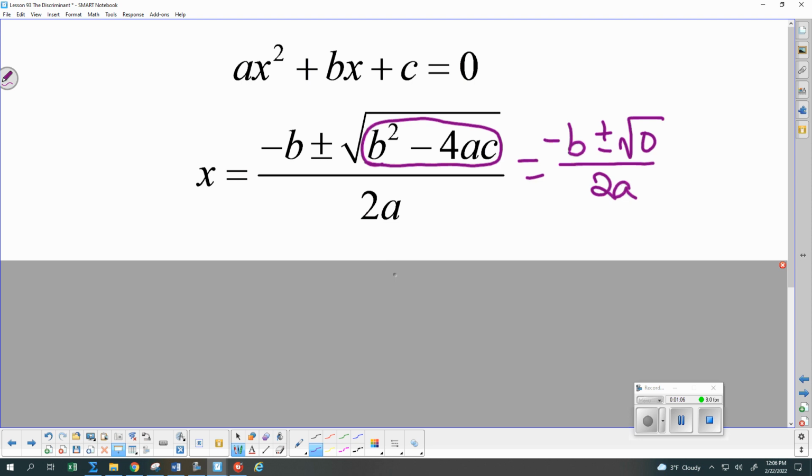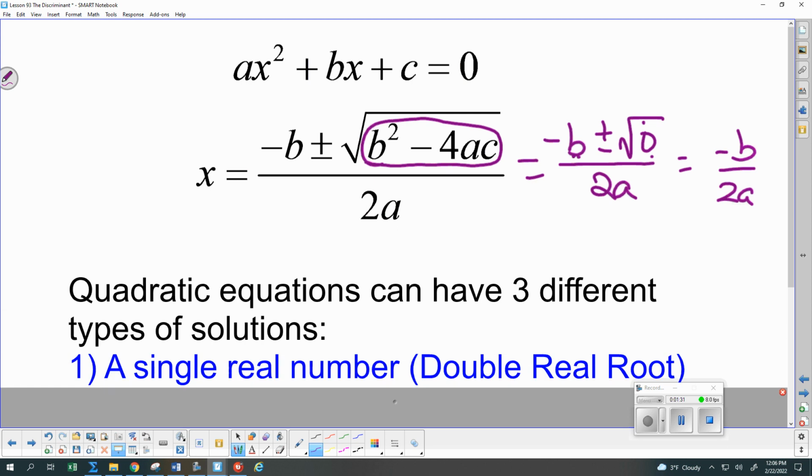So then if I take whatever this number is, opposite of b, plus 0, what do I have? I still have the opposite of b over 2a. And if I take the opposite of b minus 0, I still have exactly the same thing. So I only get one answer. If that thing I'm taking the square root of is 0, I only have one real solution.